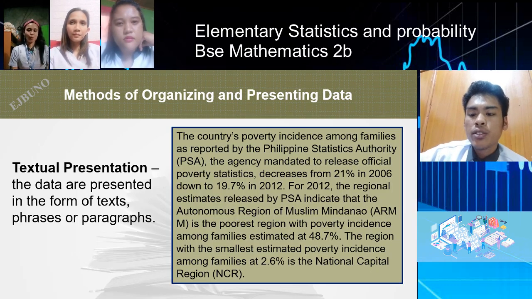Textual presentation is when the data are presented in the form of text, phrases, or paragraphs. It is common among newspaper reports depicting specifically the salient or important findings.